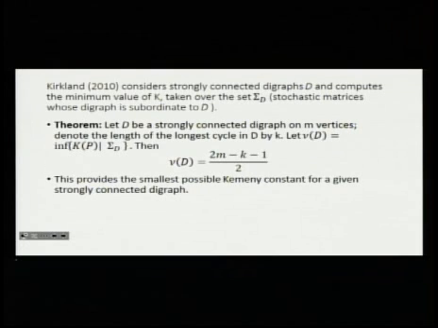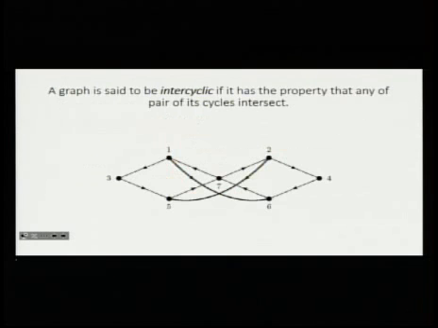I'll just go ahead and read this theorem. If D is a strongly connected digraph on n vertices, and the longest cycle in our graph is denoted by k, then the smallest possible Kemeny value we could have is given by this quantity. So that's a lower bound for strongly connected digraphs.